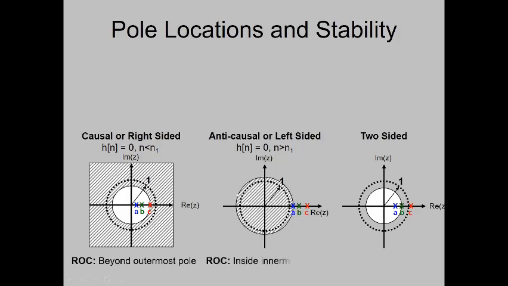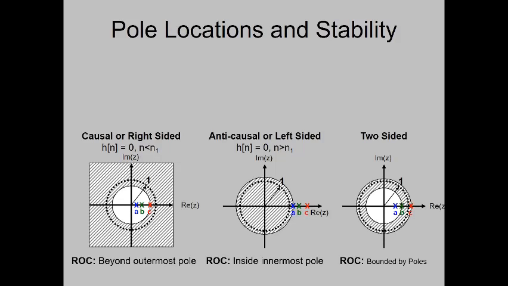If it was an anti-causal system, well, we know those regions of convergence go inward. In that case, we want all the poles to be outside the unit circle. And if it's two-sided, it can be either.